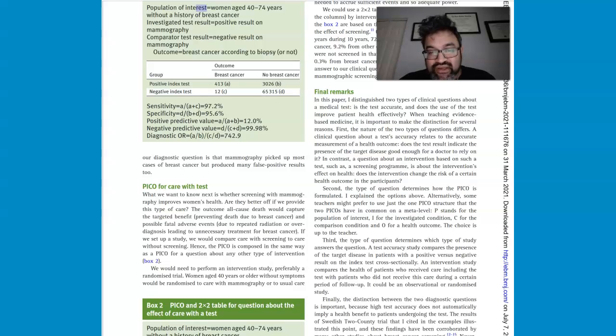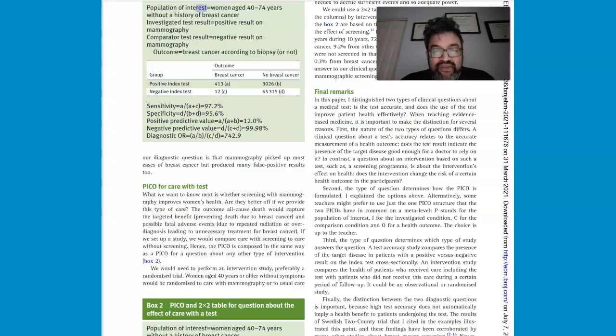And so there's also some other points that the authors make about determining the type of question. A test accuracy study compares the presence of the target disease in patients with a positive versus negative result on the index test cross-sectionally. And then finally, the distinction between two diagnostic questions is important.